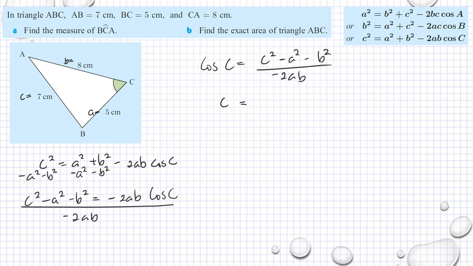And then our C is the arc cosine of 7 squared minus 5 squared minus 8 squared divided by negative 2 times 5 times 8.